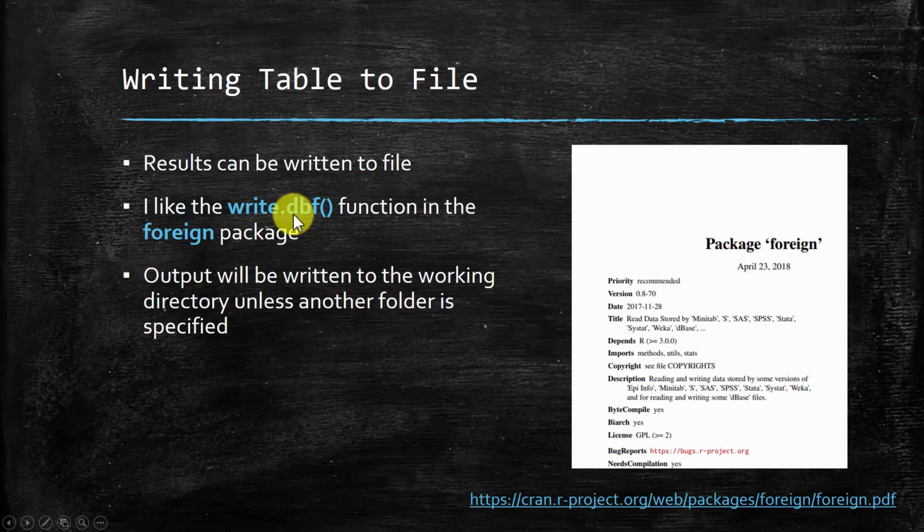This allows you to write your table out to a database file. I find this very useful because database files can open in a lot of things. For example, you could bring your database file back into something like ArcGIS as tabular data, and if it has a common field, you could join it back to a spatial layer to show your results spatially. Again, the output will be written to the working directory unless you specify another directory.